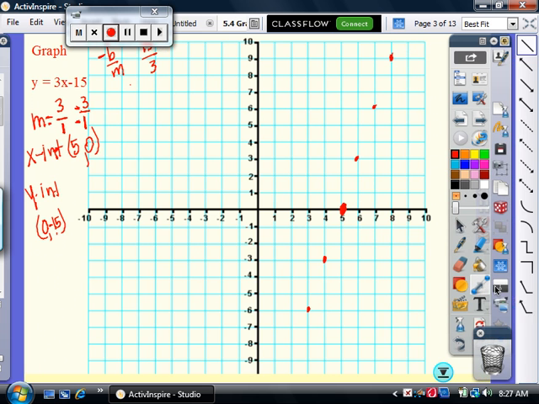Alright, so we're going to connect our points. You want to extend your line all the way across the coordinate plane, making sure that you touch both intercepts, touching both axes. I can't do that. My graph paper's not numbered 15, but anyway, you guys can.